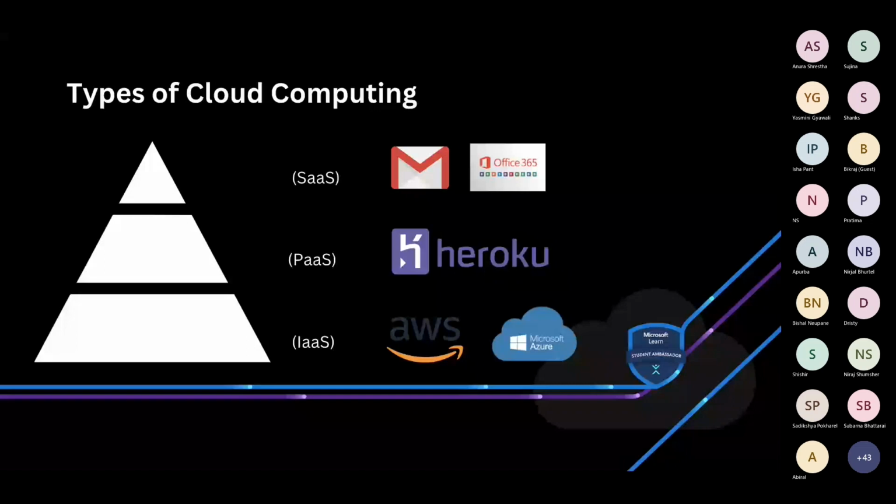The user has access through an API or maybe a dashboard, and essentially rents the infrastructure, and the user manages things like operating systems, apps, and middleware, while the provider takes care of the hardware, networking, hard drives, data storage, and servers.